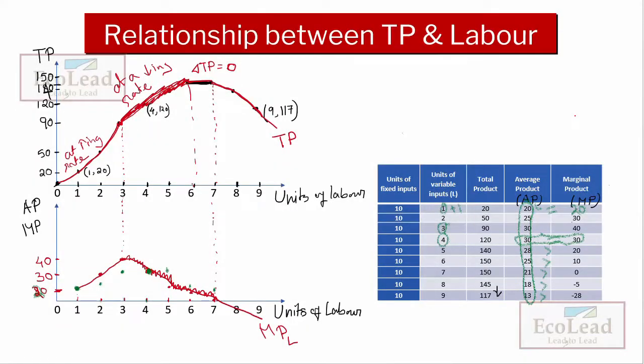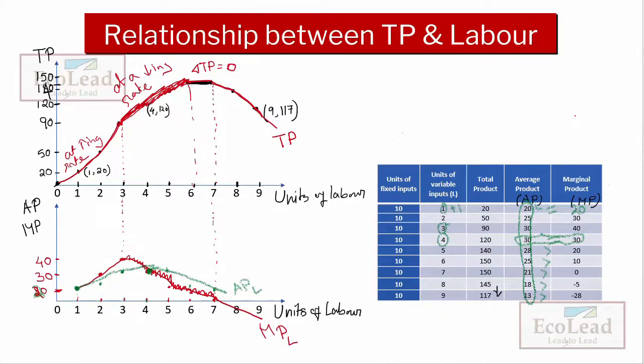That means the average product curve will be above the marginal product curve, and before the average product and marginal product were equal, the average product value was below the marginal product curve. So this is our APL.